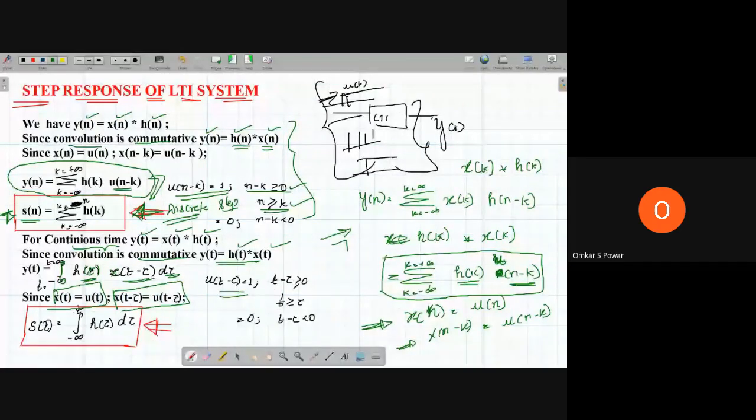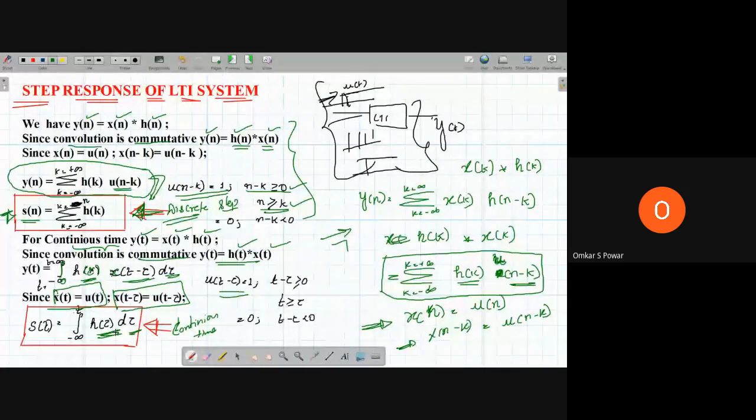So your limits will change to minus infinity to t, h of tau d tau. So this is your step response for continuous time system. You have to remember this formula while solving the problems for step response of LTI system.